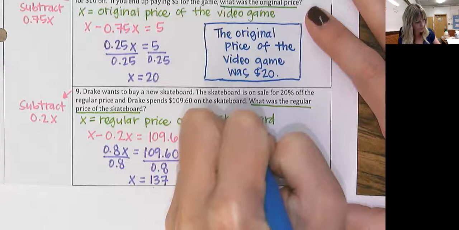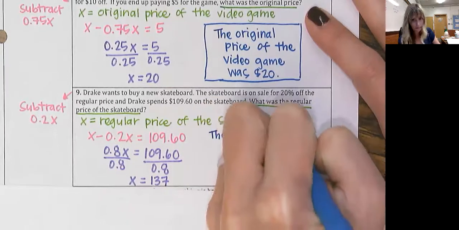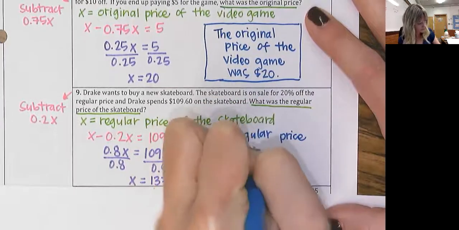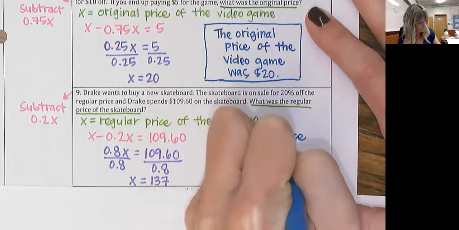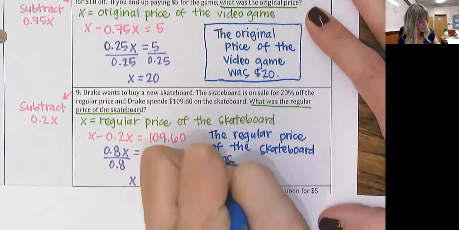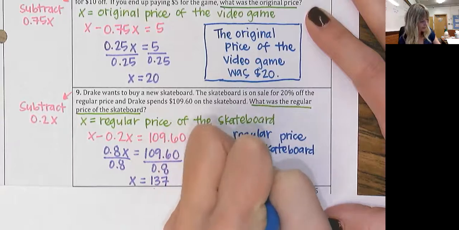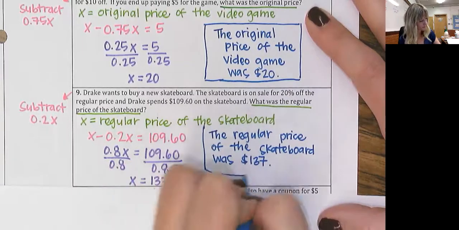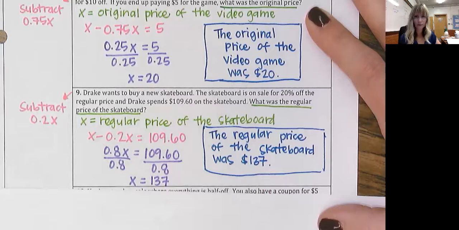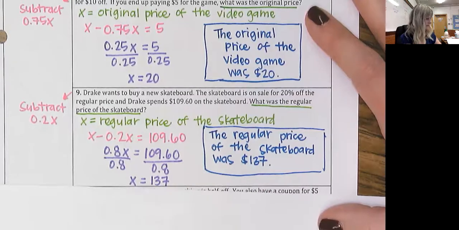The regular price of the skateboard was $137. Expensive skateboard. Also a weird original price, $137.